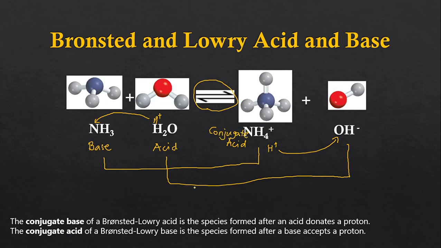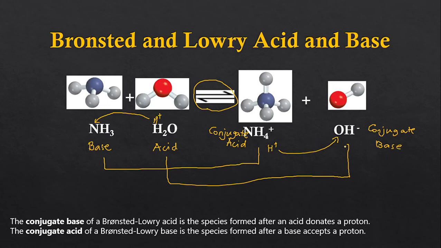Okay? Pag sinabi natin conjugate acid, this is a Bronsted-Lowry conjugate acid of a Bronsted-Lowry base, the species formed after a base accepts a proton. Yung base, nakatanggap siya ng proton, magiging conjugate acid siya. Okay? While an acid that donates a proton will become a conjugate base.